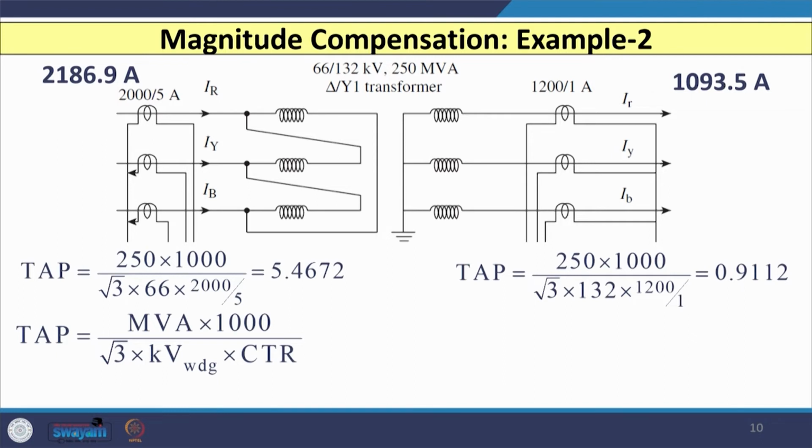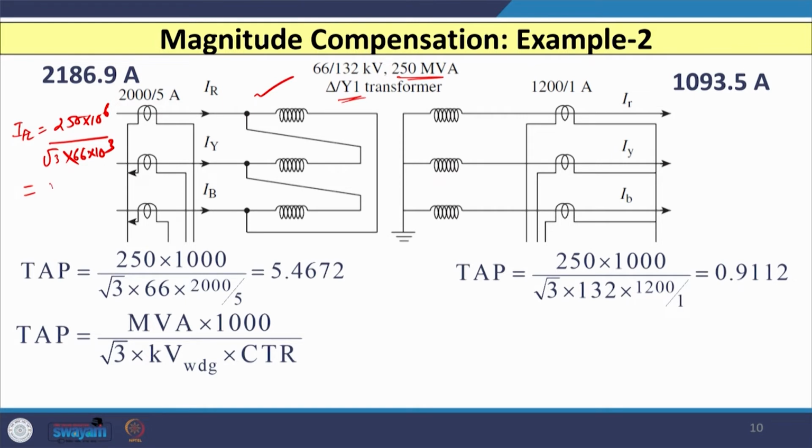So, in that case, let us say we use another transformer, 250 MVA, 66 by 132 kV, and this transformer is delta star 1. If I calculate the full load current in a similar way, then on this side I will have the full load current, that is nothing but 250 MVA into 10 raised to 6 divided by root 3 into this side, which is 66 kV, so 66 into 10 raised to 3.